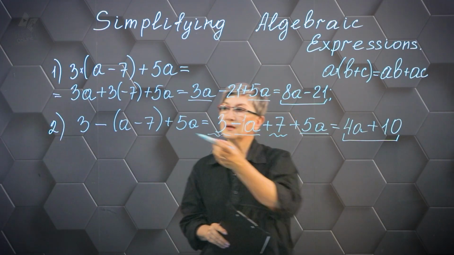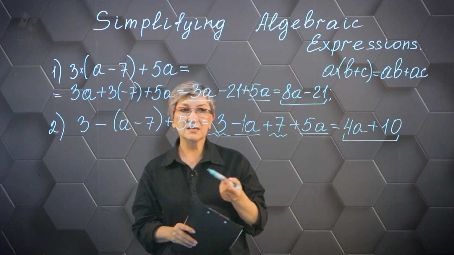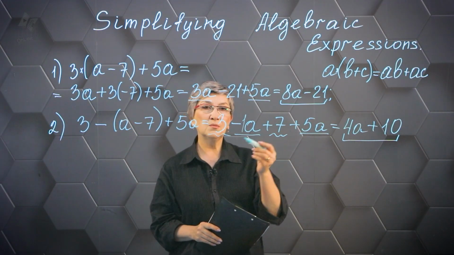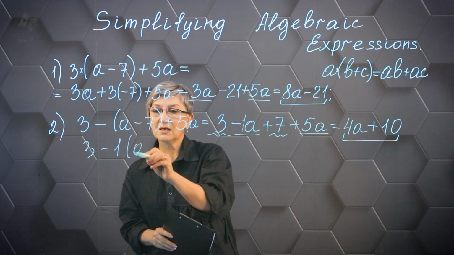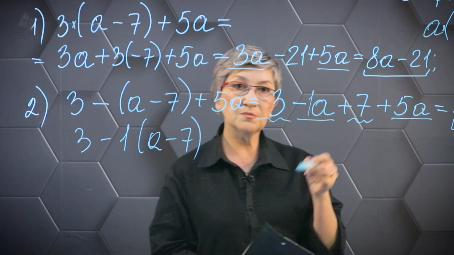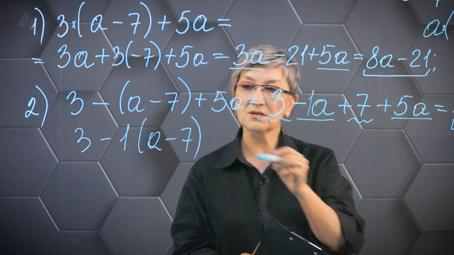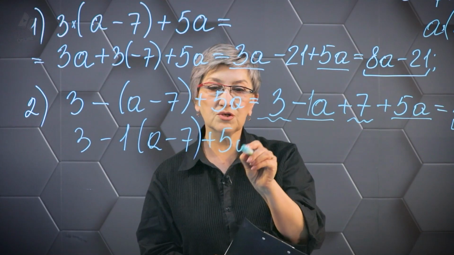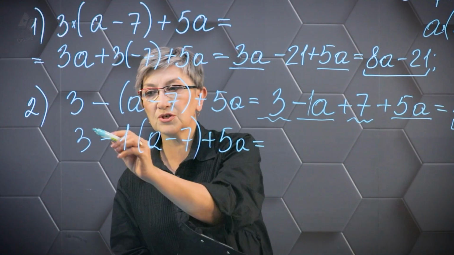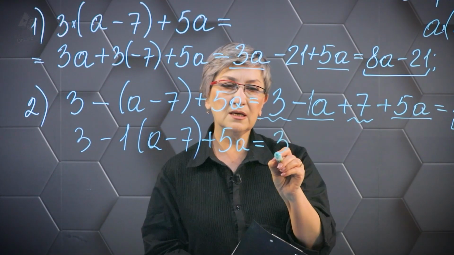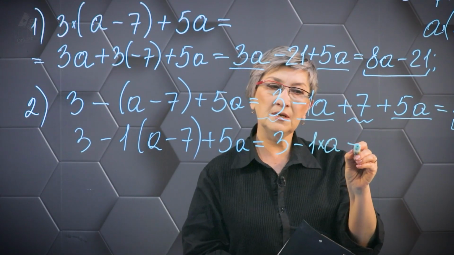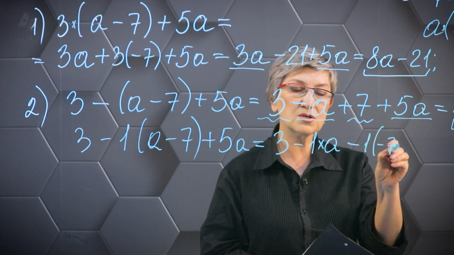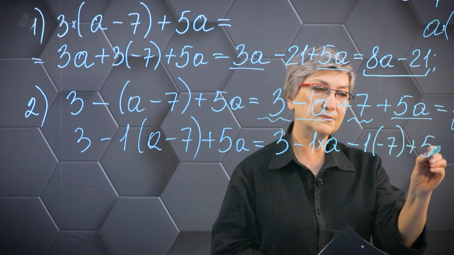If you find it difficult to apply this rule, we can write a unit before the parenthesis. And then we can use the distributive property. And then in this case, we have the following expression. 3 minus 1 times a minus 1 times minus 7 and plus 5a.